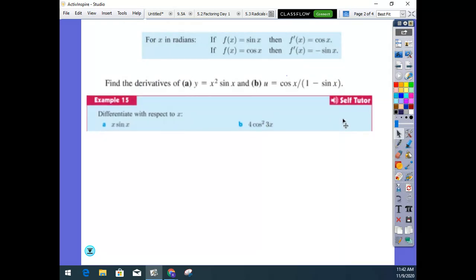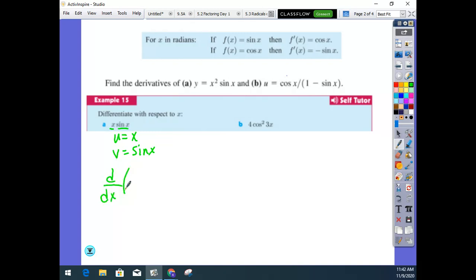All right. Now, let's look at this one. This one's just a little bit easier. So this time my u is x and my v is sine of x. I'm going to write it this way because I don't like that they did not put it that way. All right.